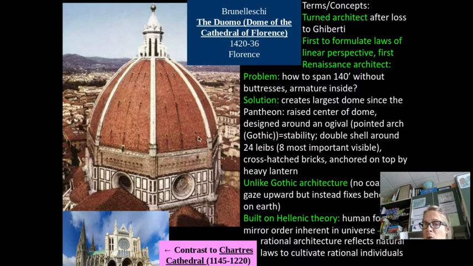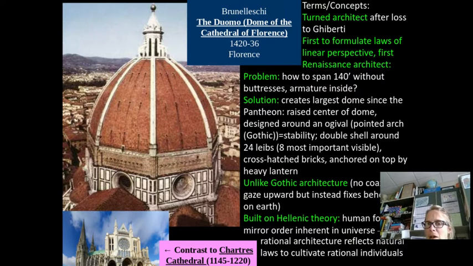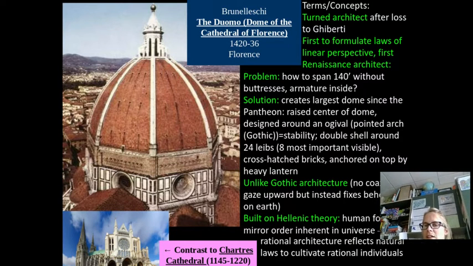And this pointed arch kind of helps with it too. It's not a true dome. But all of these things work, even cross-hatched bricks and the heavy lantern up top. All of these work to solve the problem that Brunelleschi was faced with. And so I think that's pretty cool, that he rose to the challenge.